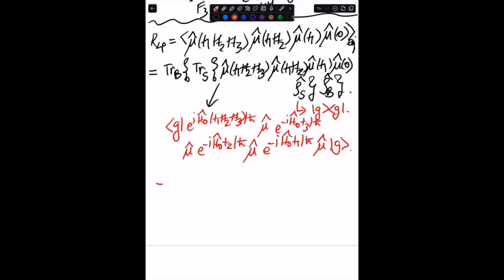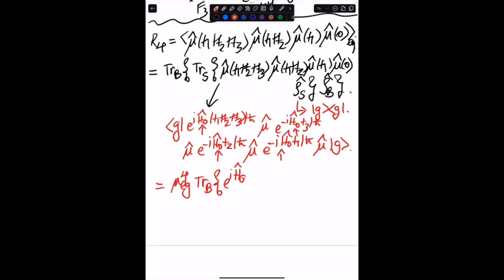So this gives you mu_eg to the power of 4, and I will directly write the trace over the path states. So trace over the path states, and you get e raised to the power i H. So this would be e, then this would be g, then this would be e, and then this would correspond to g.